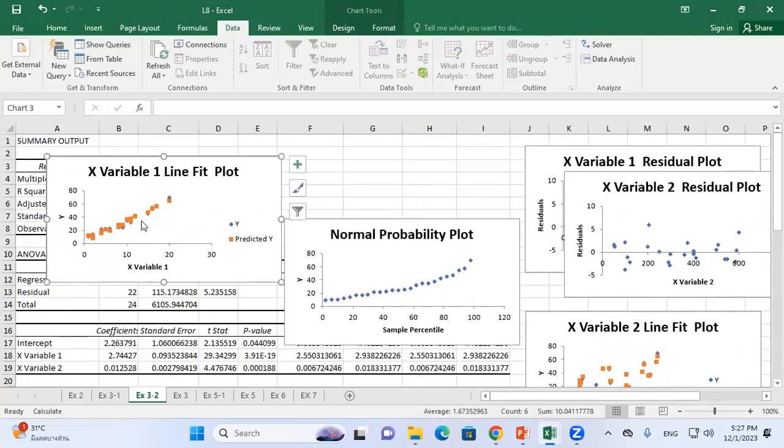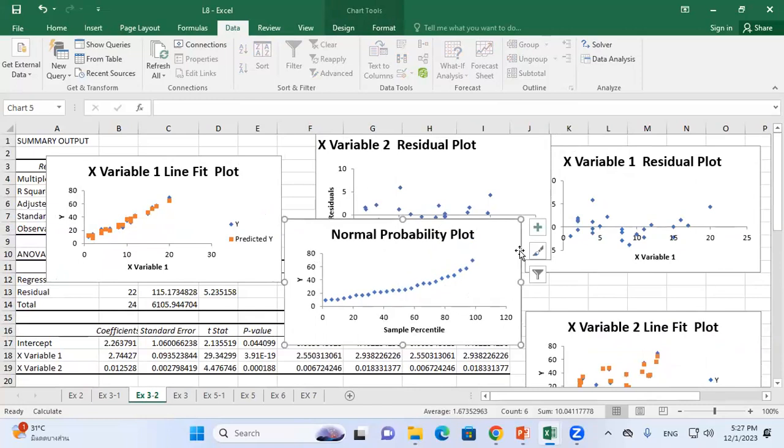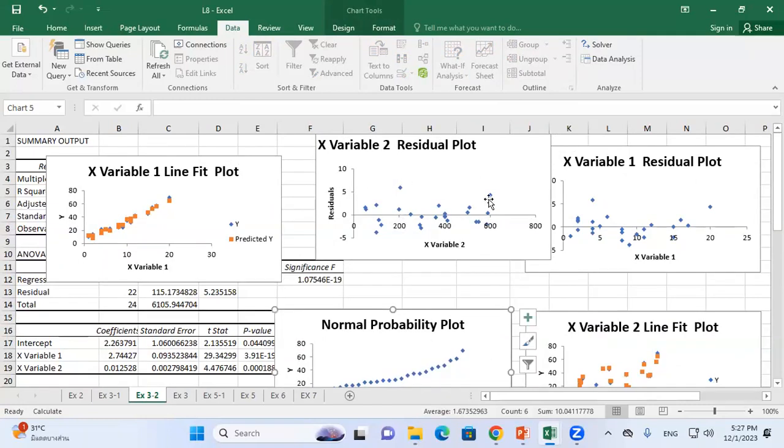The orange one is predicted, the blue one is the observed data. The residual is around 0. This is around 0 also. That is perfect because your data is accurately described by this equation. This is based on the Excel.